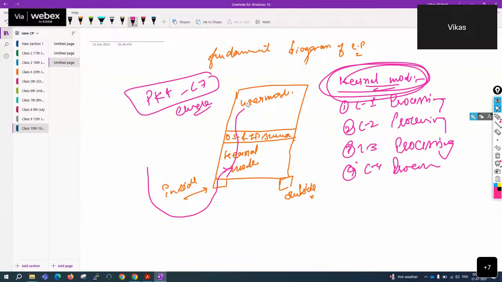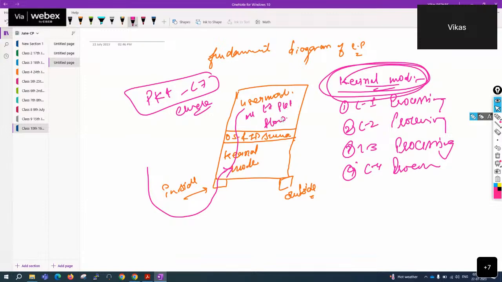So all these 4 layers, the layer 4 headers, will be processed by your kernel mode. And if layer 7, like presentation, session or any application-level inspection is required, in that case your user mode will come into the picture. Okay, but you need to understand all, let me mention all layer 7 packet flow, right?